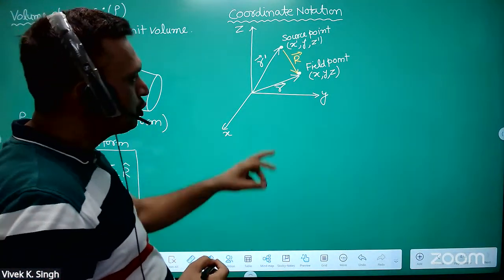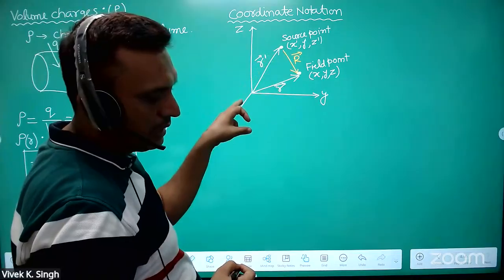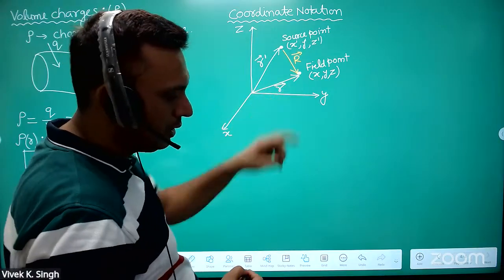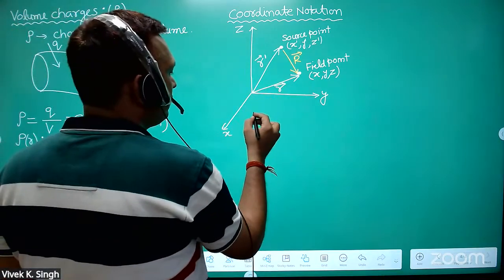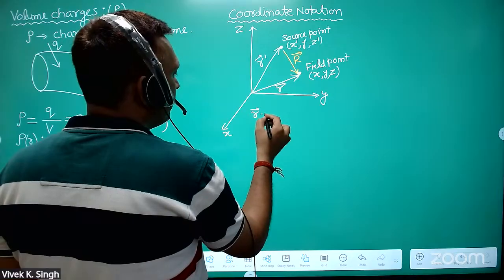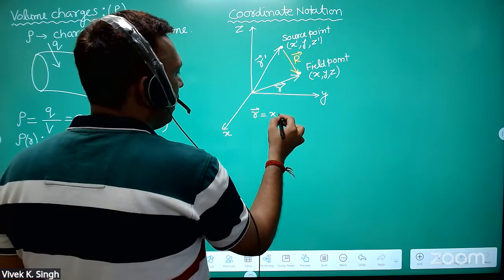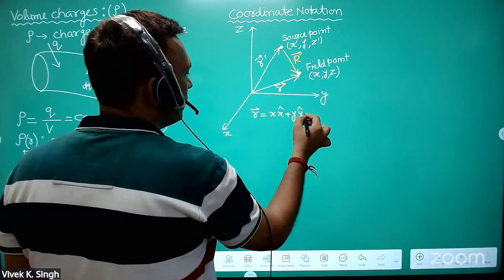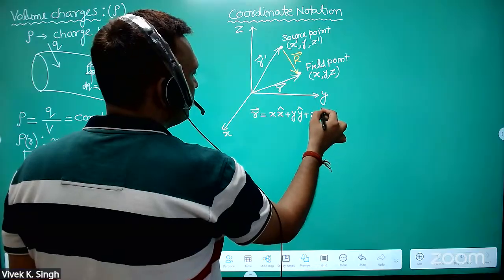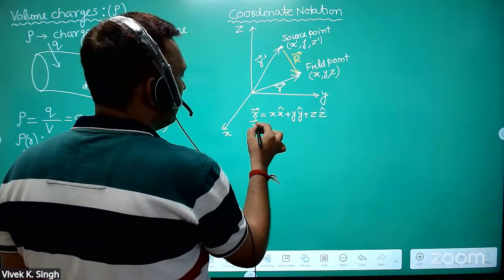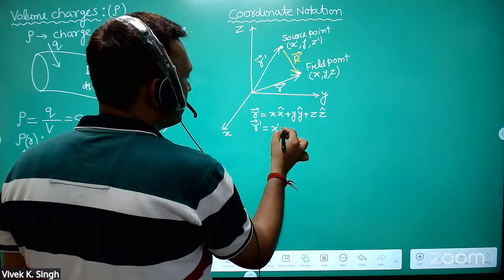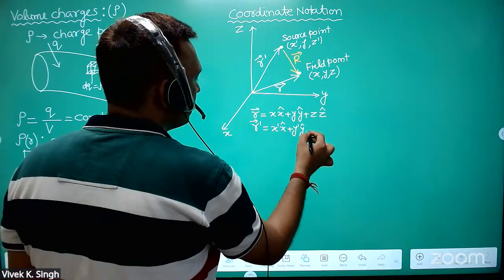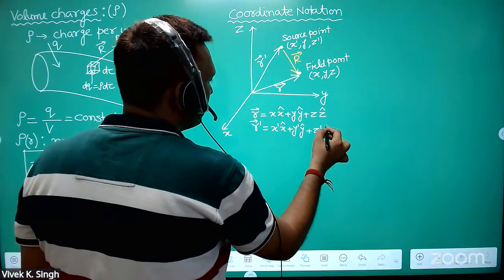So the source point is represented by its position vector r dash, and the field point is represented by position vector r. You know that r is given by x x cap plus y y cap plus z z cap. r dash is given by x dash x cap plus y dash y cap plus z dash z cap.